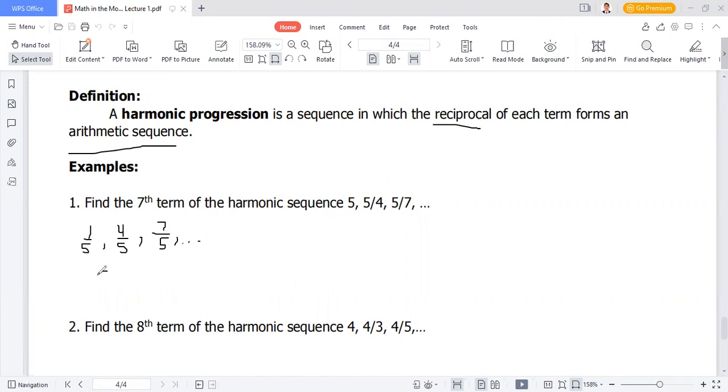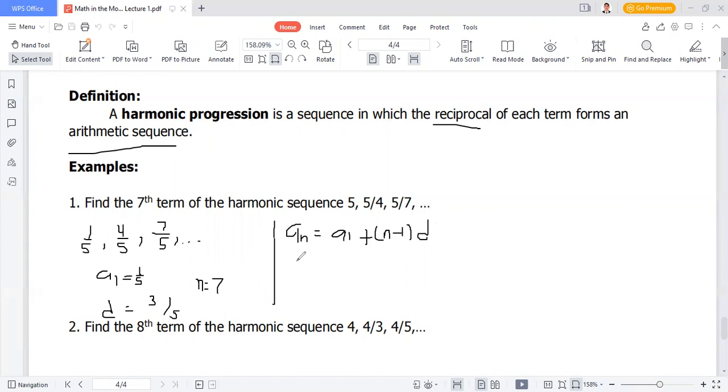So, ang a sub 1 ng arithmetic is 1/5. Ang common difference niya will be 4/5 minus 1/5, 3/5. So, ang n natin will be 7. So, yun lang. A sub n ng arithmetic. So, a sub n equals a sub 1 plus n minus 1 times d.